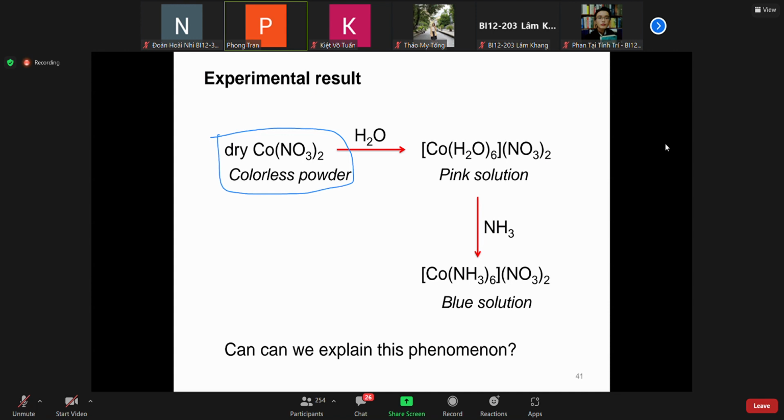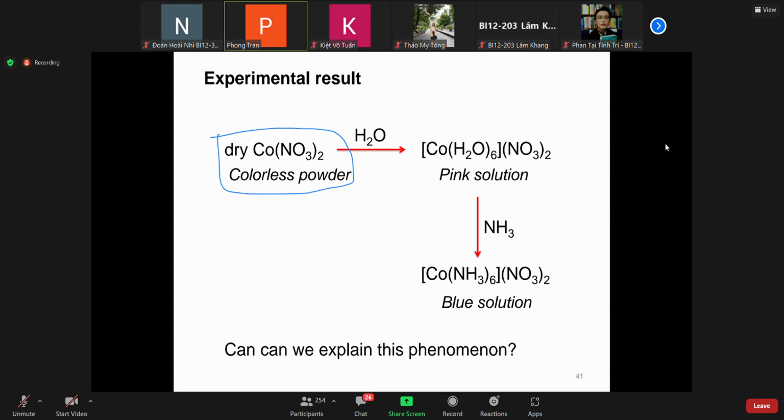Second, answer why the dry cobalt nitrate has no color: is it absorbing in a wavelength that we cannot see, or does it not absorb anything? In which circumstance will a compound absorb, and in which circumstance does absorption not happen? And then, why when you add water do you see the pink color?